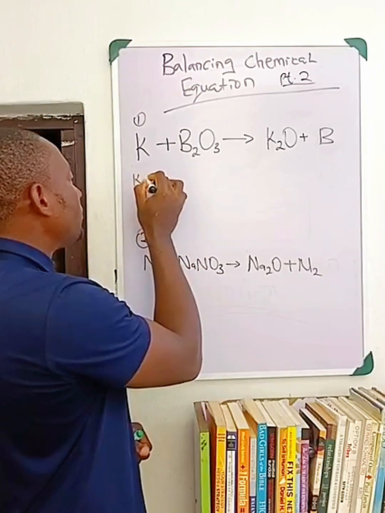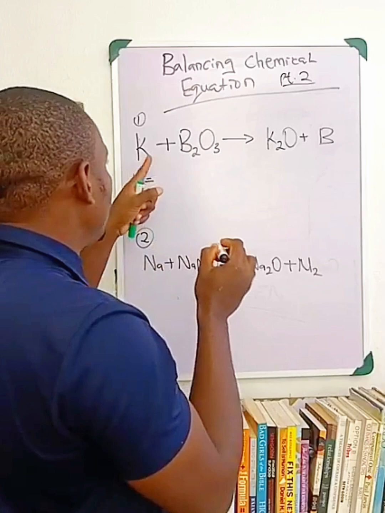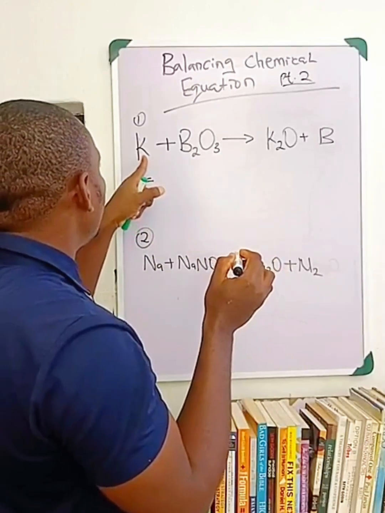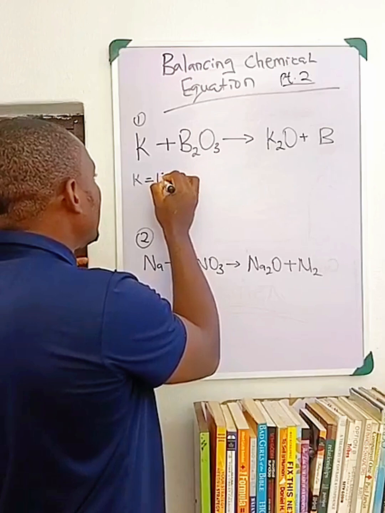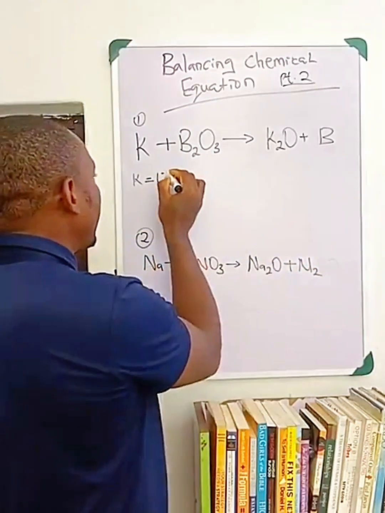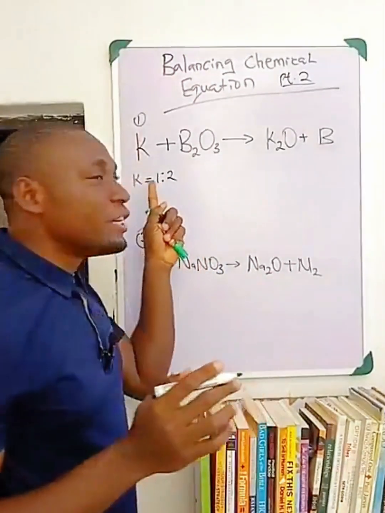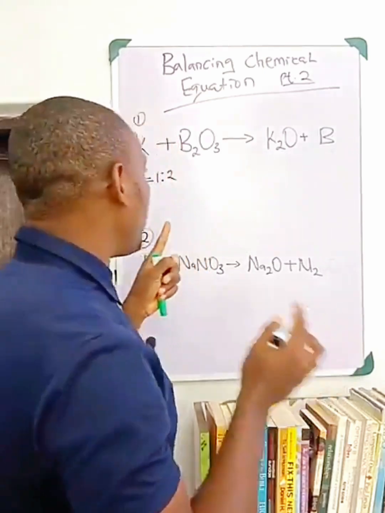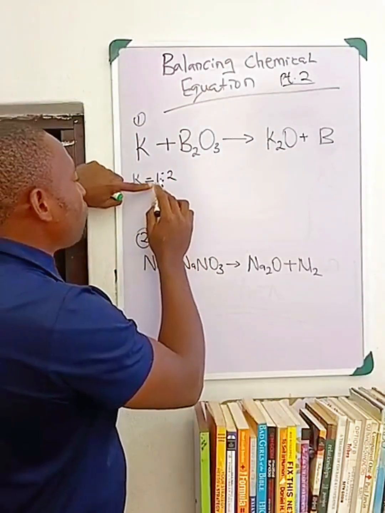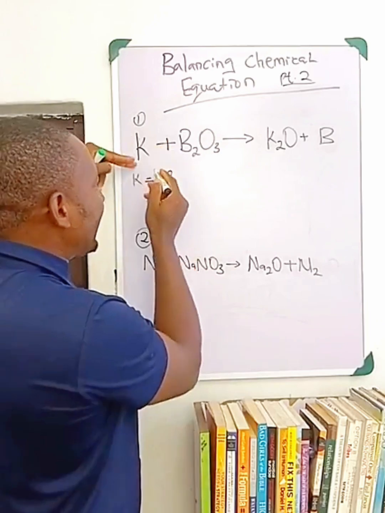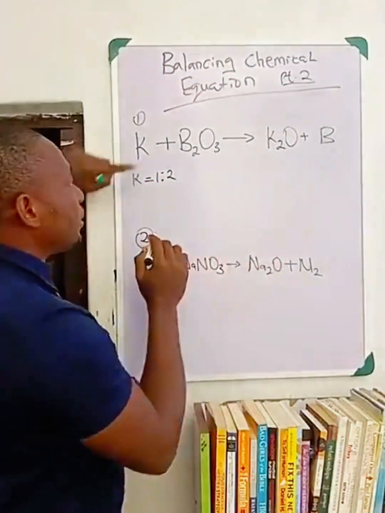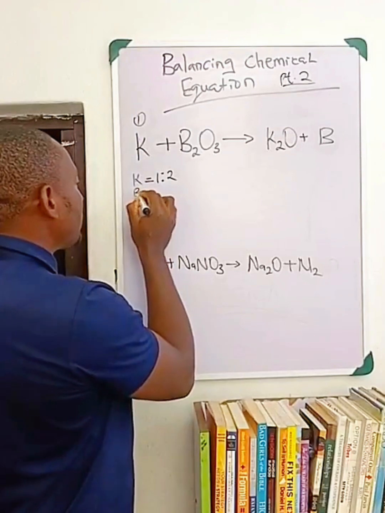Potassium, for example, is 1:2, so it's not balanced. If it is balanced, it ought to be either 2:2 or 1:1. When I say 1:2, it means 1 here, 2 there, so it's not balanced. Let's look at boron.